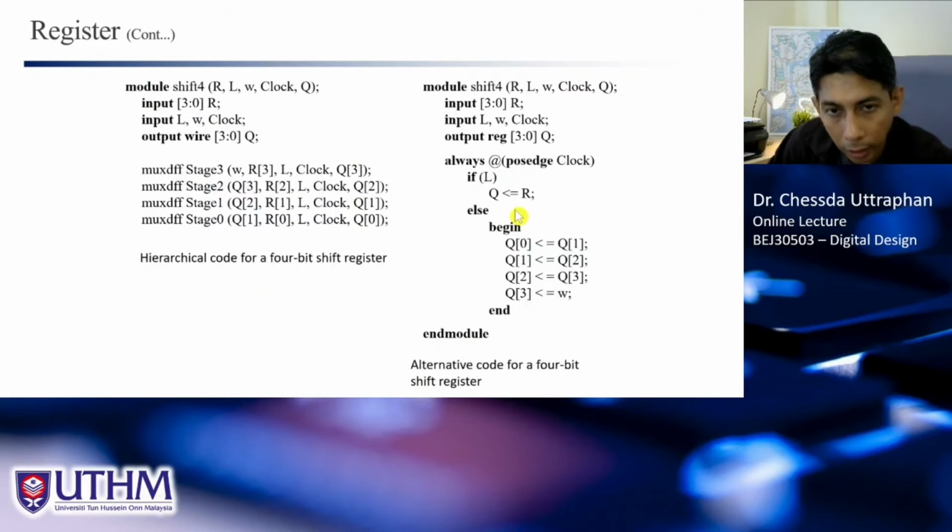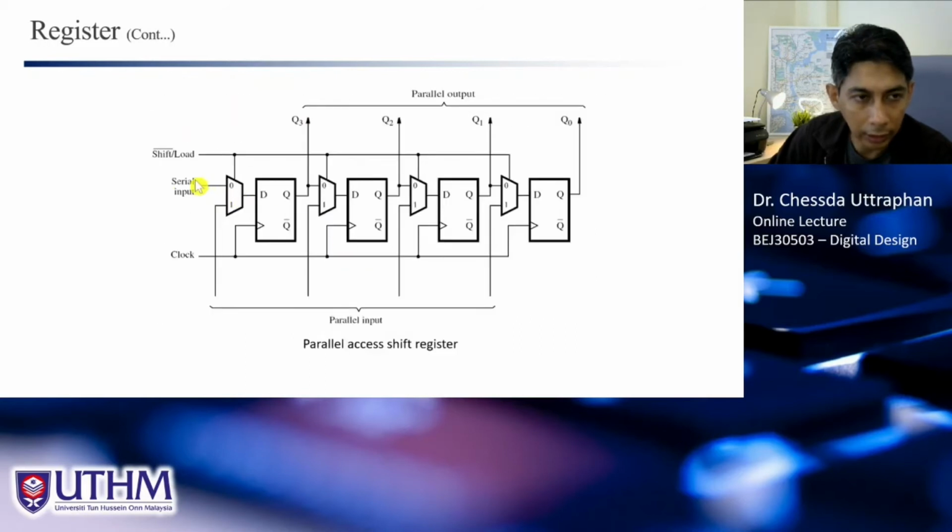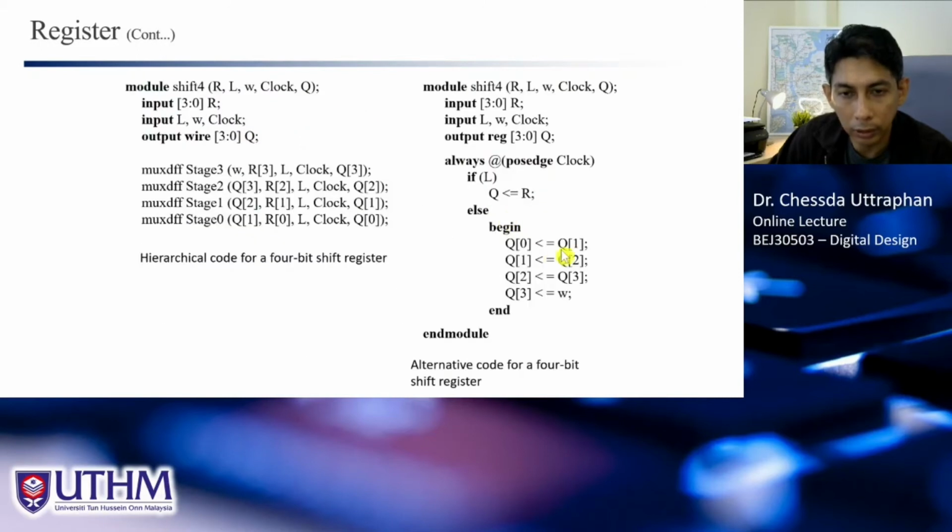But if L equal to 0, means that we want to do the shift. So to do the shift, W is assigned to Q3, Q3 assigned to Q2, Q2 assigned to Q1, and Q1 assigned to Q0. So this is the same thing. And you will have the shift load register as well.